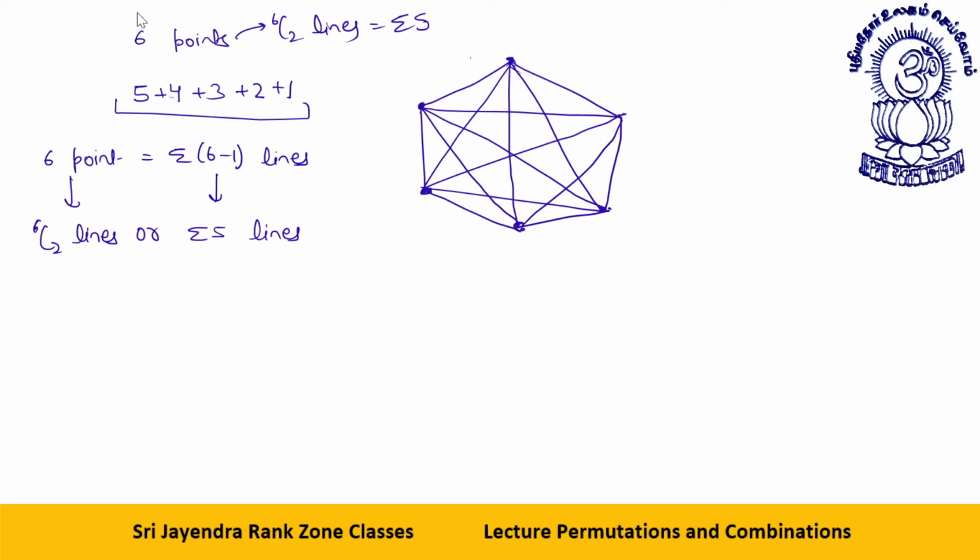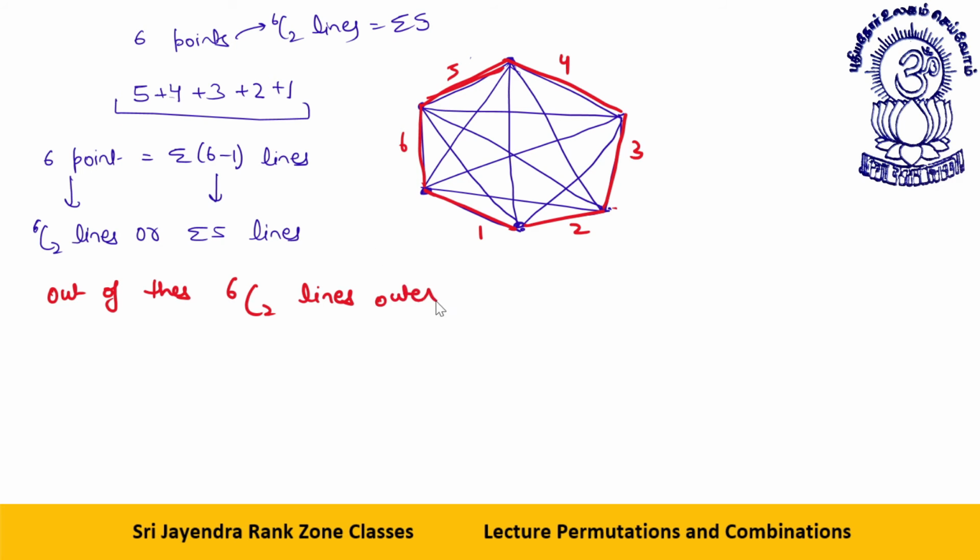Fine. Now what I say, out of these 6C2 lines, the outer 6 lines, 1, 2, 3, 4, 5 and 6, form the polygon.